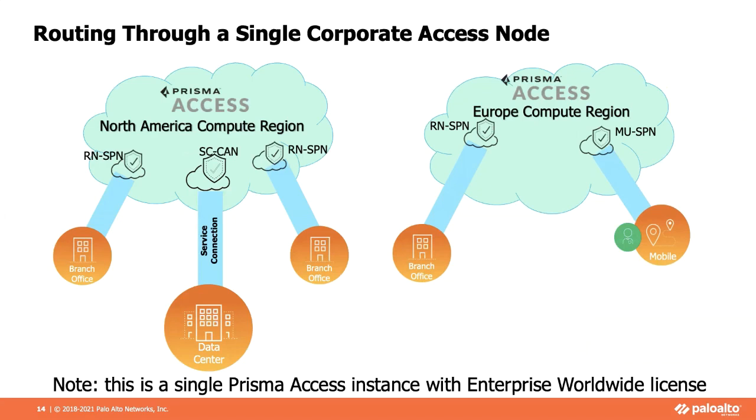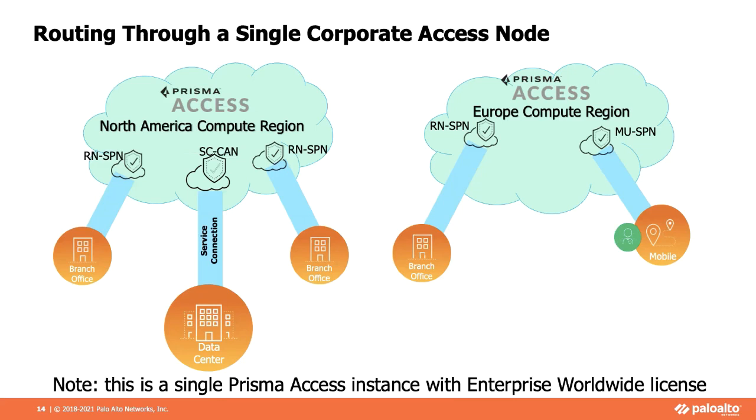Here's an example to sort of illustrate why you want multiple service connections, multiple corporate access nodes. Let's say you have the global licensing. We've got enterprise licensing, we've got net interconnect, so we've got the whole thing here.